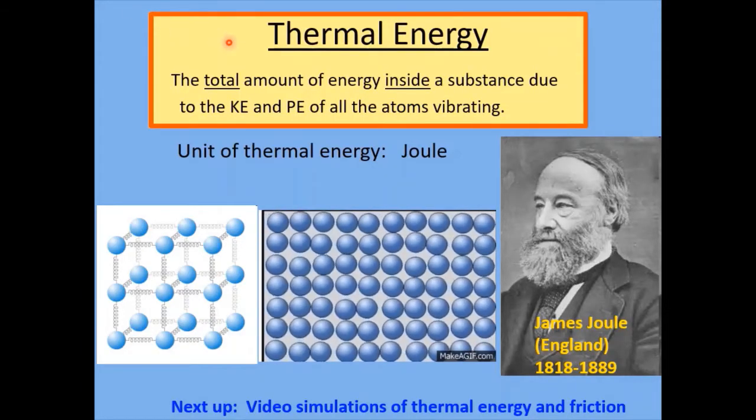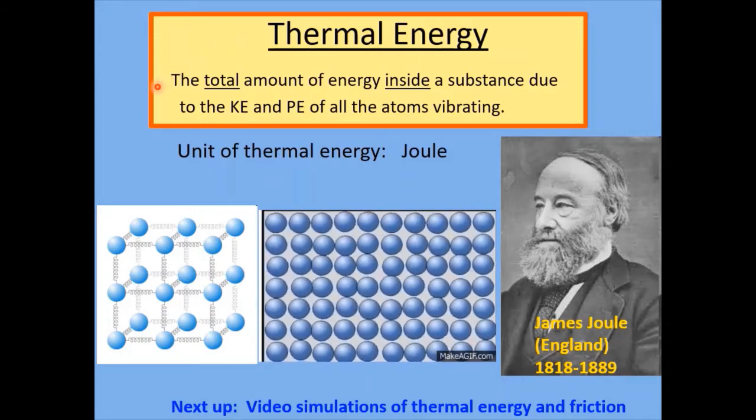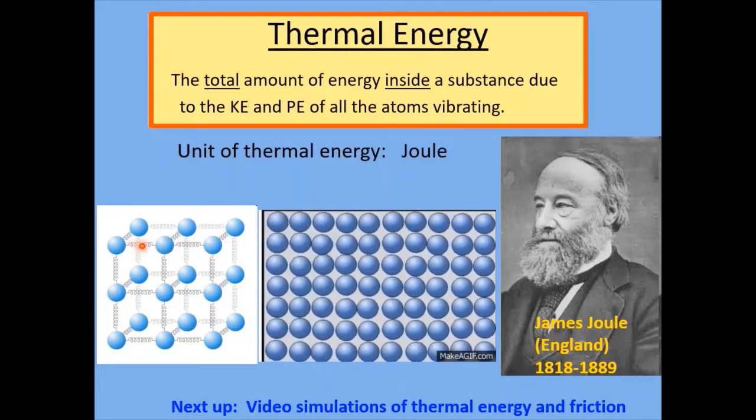So let's look a little bit more now at the details of where thermal energy actually comes from. We said it's the total amount of energy inside a substance due to all the kinetic energy and potential energy of the atoms vibrating. If we take a look at a solid object, we can model the object as a bunch of atoms or molecules connected together by bonds.